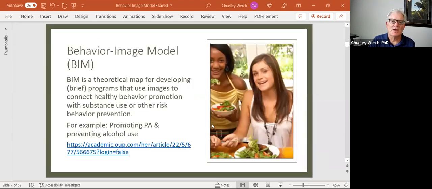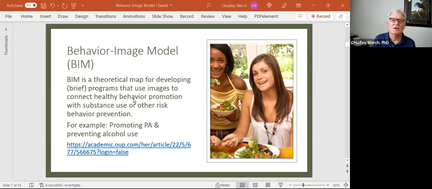We'll start with the underlying model, the underlying theory, which is the BIM, the behavior image model. Now, for some of you that have been on some of our previous webinars, you've been introduced to BIM, or perhaps you've been trained in some of our programs. BIM is the theoretical map that can be used to develop brief programs, or more extended programs.